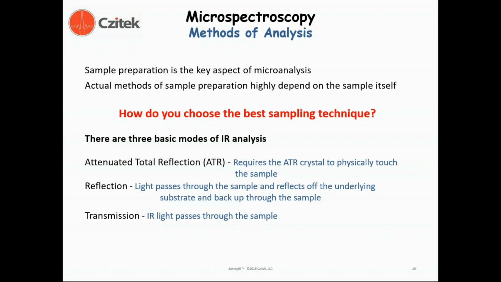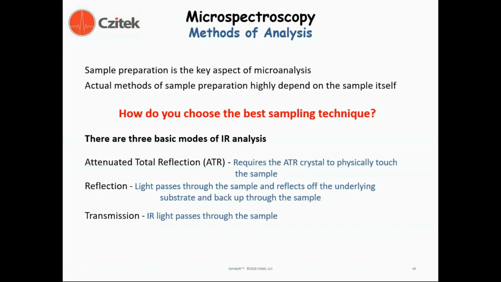So that's very helpful in sample preparation and getting a very representative path length of sample for infrared analysis. However, the size of sample that you can measure is effectively larger with attenuated total reflection. You can measure smaller samples with reflection or transmission infrared.